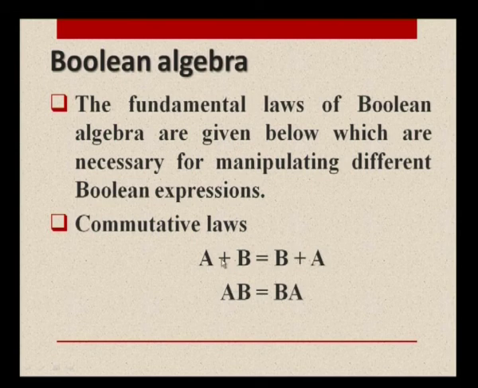The OR operation is represented by the plus symbol here, and for AND operation normally we would use a dot, but as I have mentioned in one of the earlier lectures, the dot is normally dropped. So, this is the commutative law: A plus B is equal to B plus A. Similarly, AB is equal to BA. The commutative laws for OR operation and AND operation hold good for Boolean algebra.